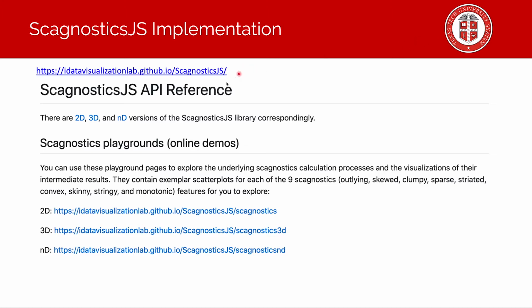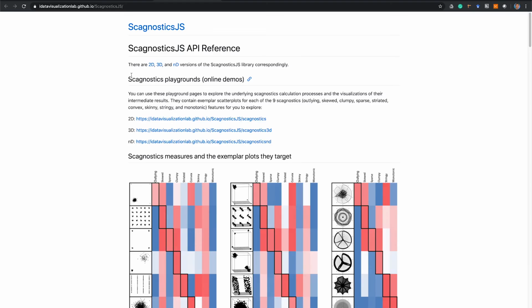ScagnosticsJS implementation. The ScagnosticsJS API reference can be found in this link. There are 2D, 3D, and ND versions of this as well. Furthermore, we also provide the Scagnostics Playground as an online demo on which you can explore the underlying Scagnostic calculation processes and the visualization of their intermediate results as well. They contain example scatter plots for each of the 9 Scagnostics mentioned. You can explore all of the calculation stages via these links.